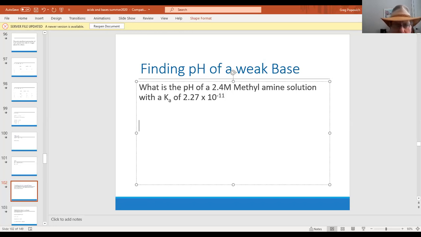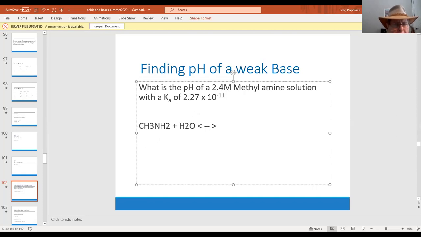A base gets a proton from the contributing acid.